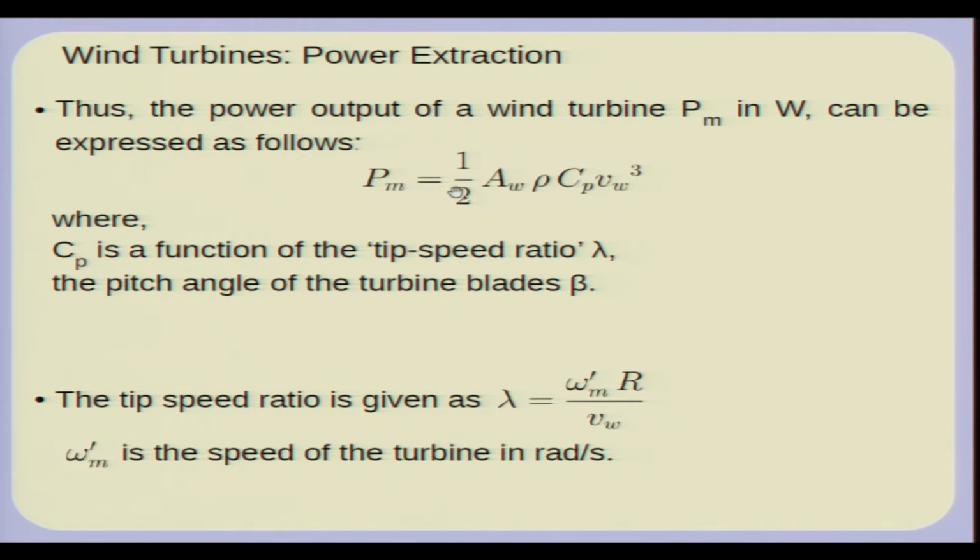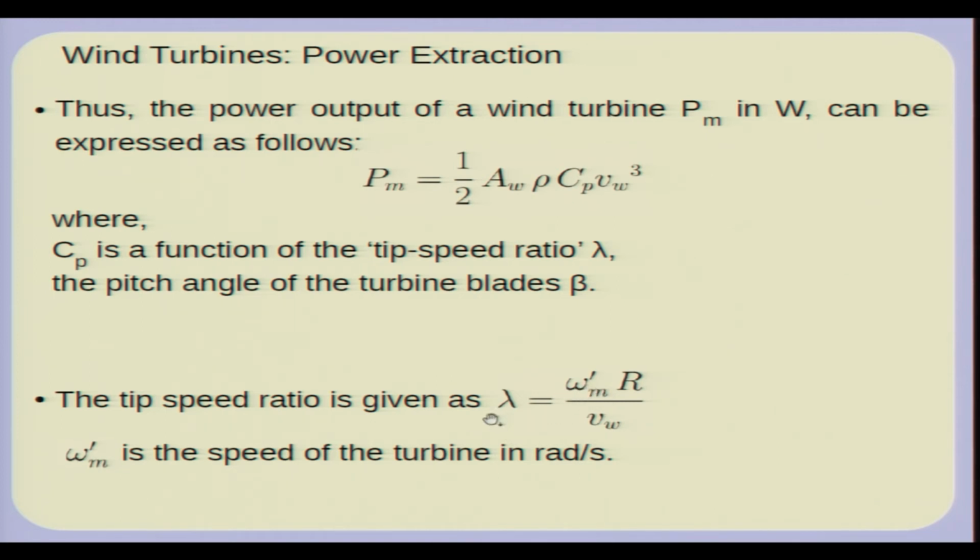Just to recapitulate, the Cp factor comes in the amount of power which actually can be extracted by the wind turbine. Now, Cp is a function of the tip speed ratio. The tip speed ratio is a function of the speed of the turbine in radian per second. So, the Cp is a function of the angular speed of the turbine.